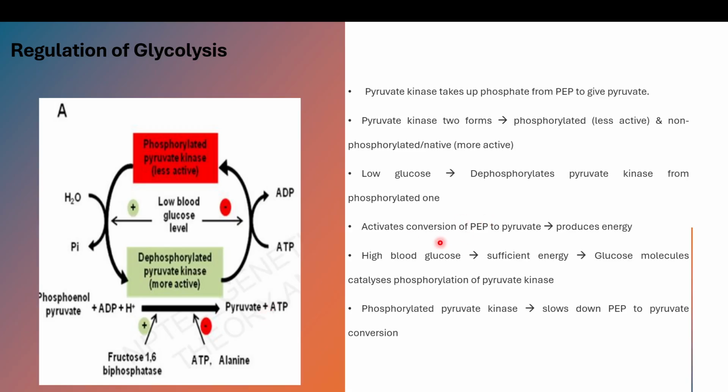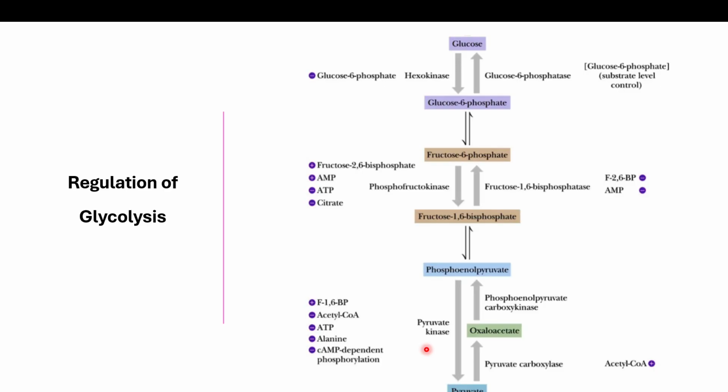But when there's high blood glucose, we already have sufficient energy, so it helps in the phosphorylation of the pyruvate kinase enzyme. Phosphorylated pyruvate kinase slows down the conversion of PEP to pyruvate. This is another point of regulation of the glycolytic pathway.